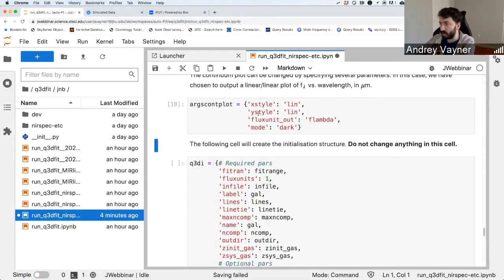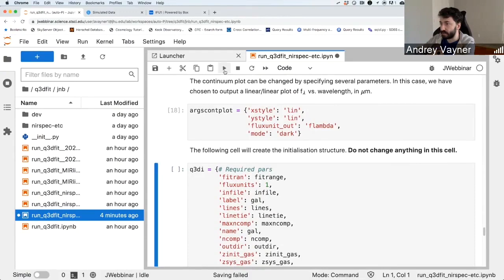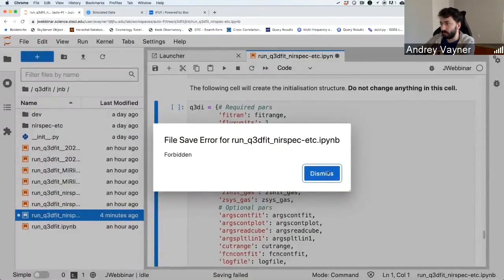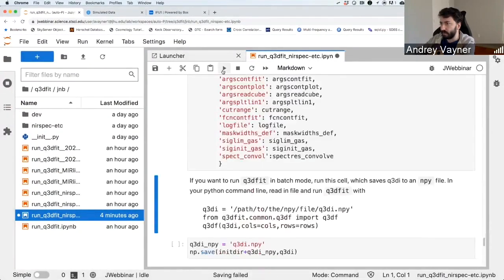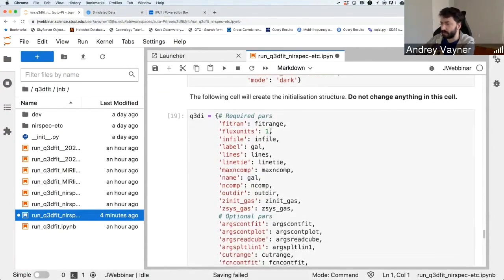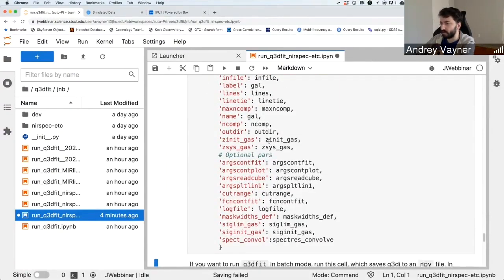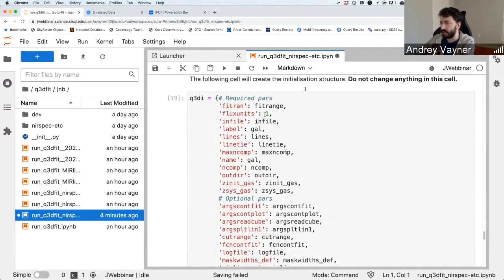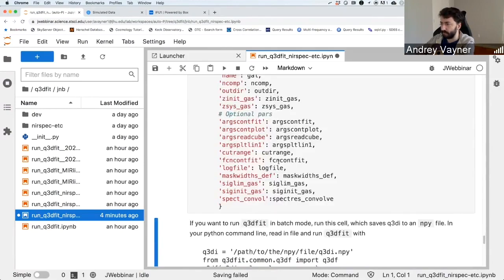So the next portion is actually creating this dictionary here, that essentially populates all the important parameters that are going to be used in the fitting procedure. So nothing here needs to be edited. Everything above cell 19 gets edited and then imported into this dictionary.